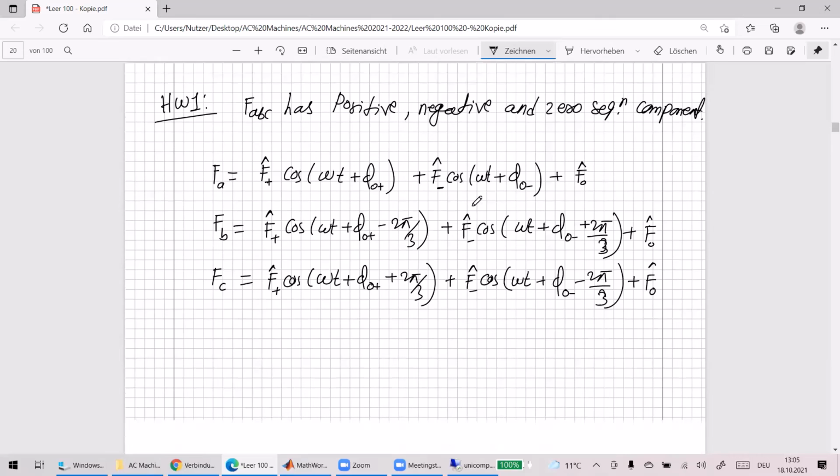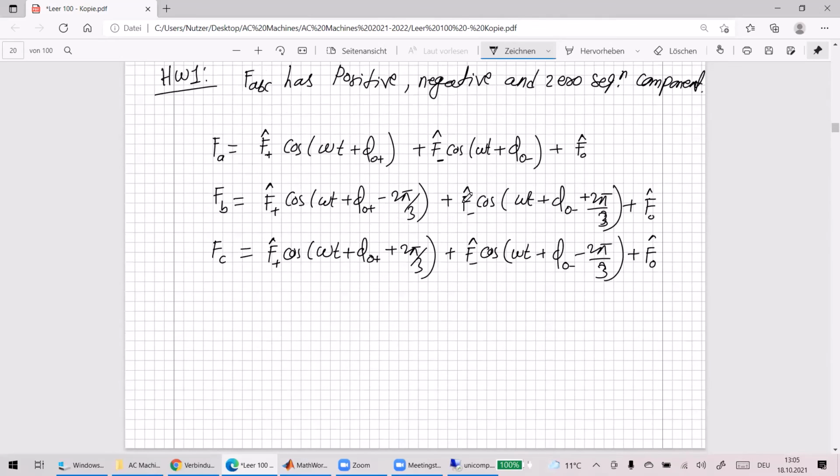So the homework for you is to use the generalized formula. I always tell you, don't use the simplified Clarke transformation, use the general formula and find this F alpha, F beta, F naught. It's your wish. You can write in a matrix form or you can do it in a complex form.